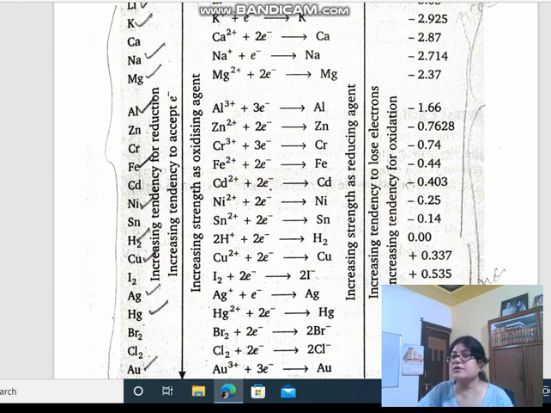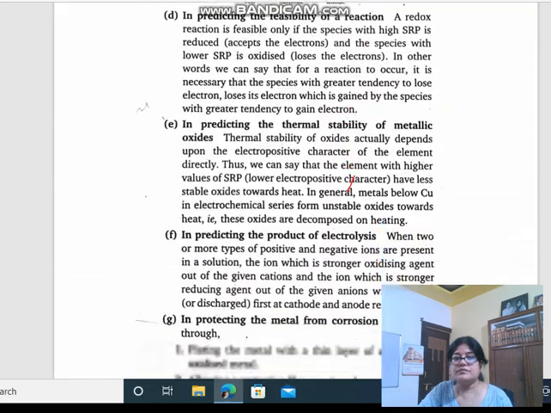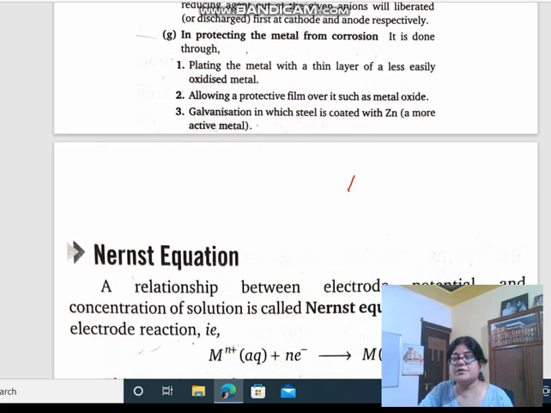Clear or not? For example, we have a reaction like this. Copper sulfate and the metal potassium came in contact.